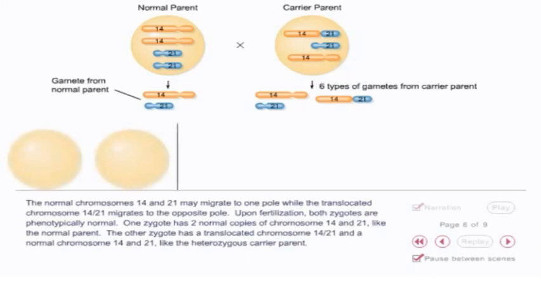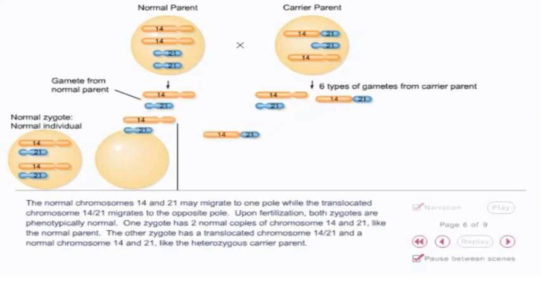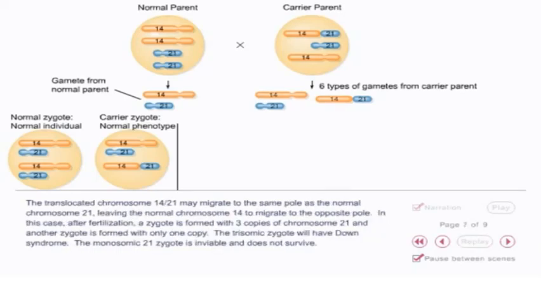One zygote has two normal copies of chromosome 14 and 21 like the normal parent. The other zygote has a translocated chromosome 14-21 and a normal 14 and 21. The translocated chromosome 14-21 may migrate to the same pole as the normal chromosome 21, leaving the normal chromosome 14 to migrate to the opposite pole.